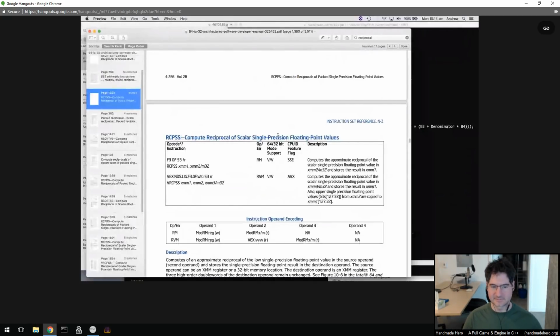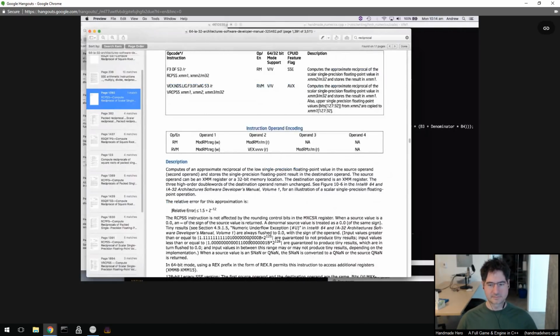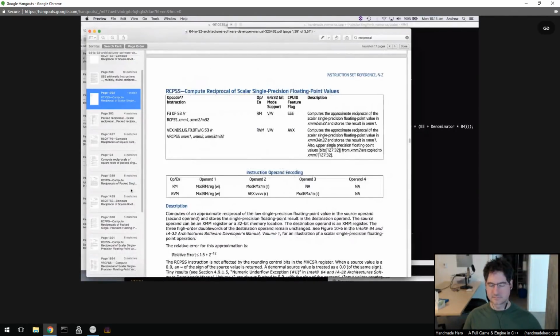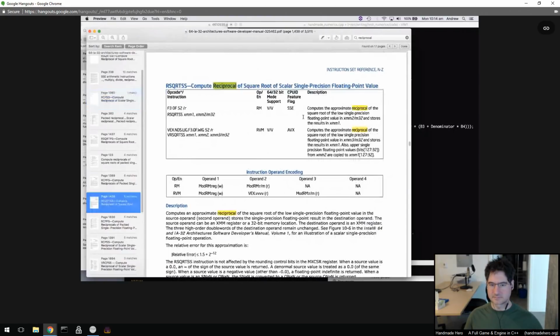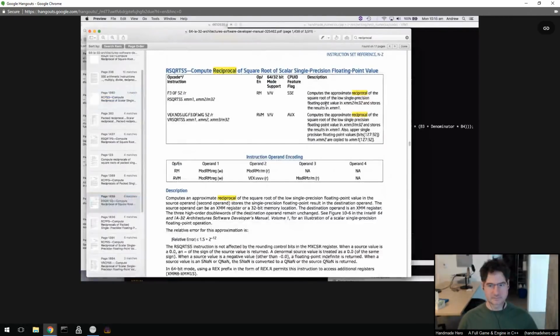Sometimes you need a reciprocal to 11 bits of precision. Computing a lighting calculation, even in high dynamic range, is actually only about 12 bits, I think. So a reciprocal that's less than 1.5 times 10 to the minus 12 might be good enough. So it is a handy instruction to have around. And same with reciprocal of square root. Once again, the mere existence of this instruction gives you a clue to how it's being implemented inside.